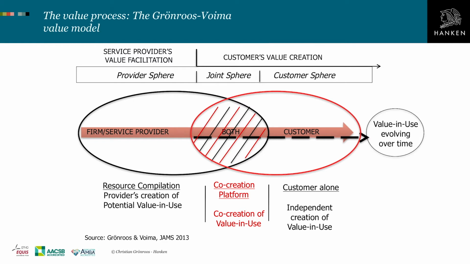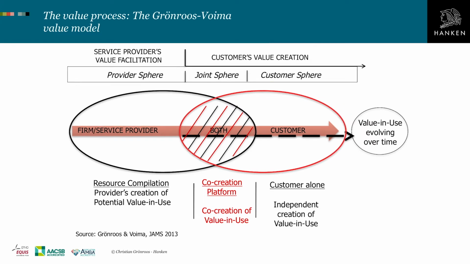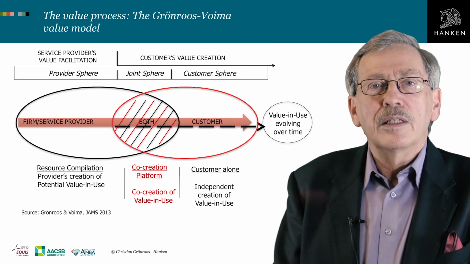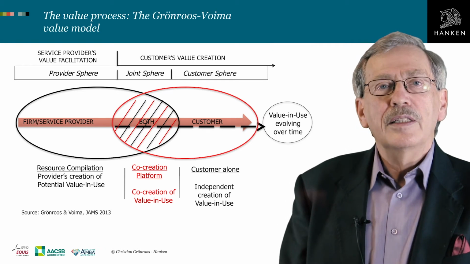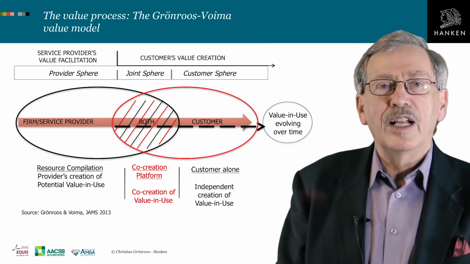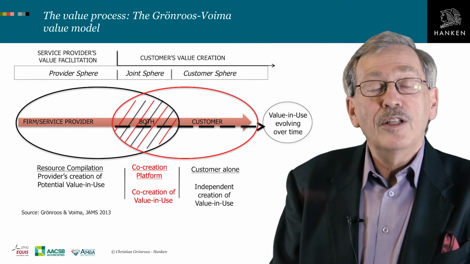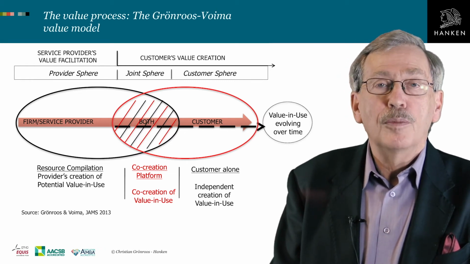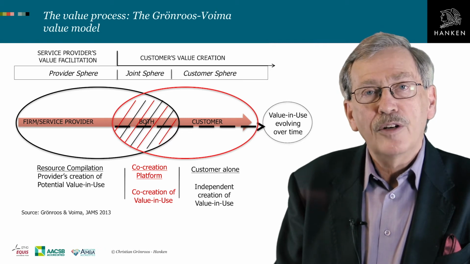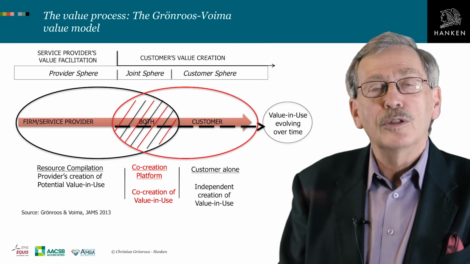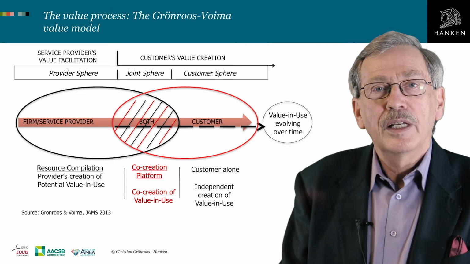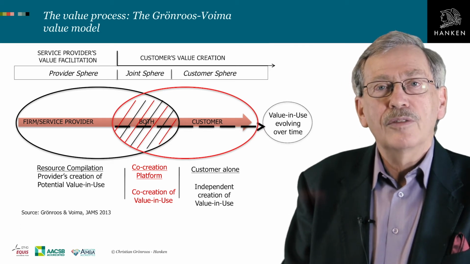So in the provider sphere, the service firm compiles resources which are needed, and in this way the provider creates potential value in use. In the joint sphere, co-creation of value in use may take place if the parties, the actors, are prepared for that and knowledgeable about what to do and willing to do it. Here is the co-creation platform.